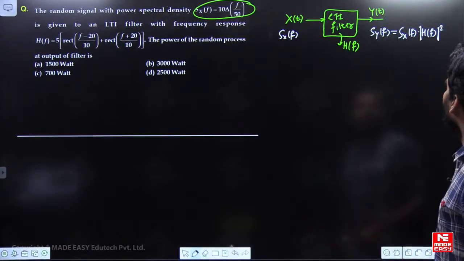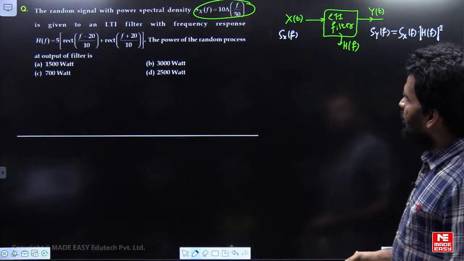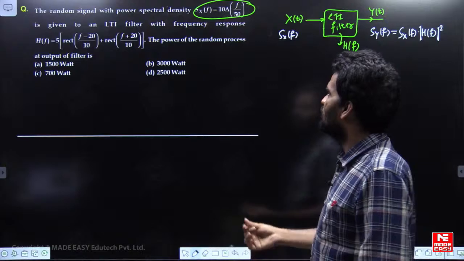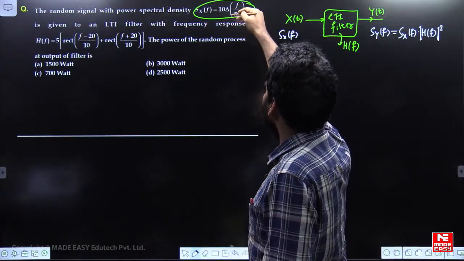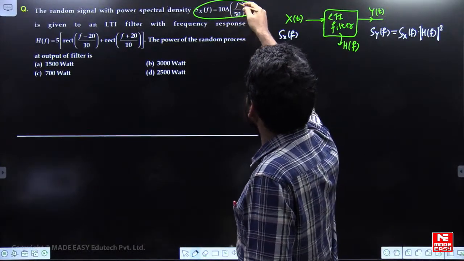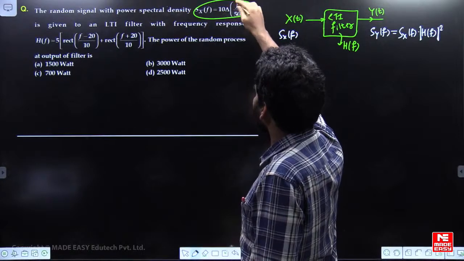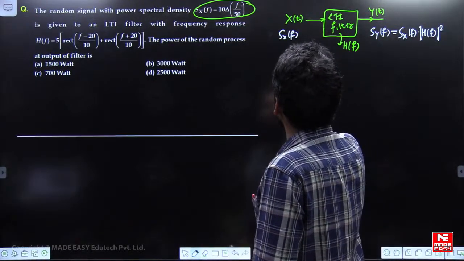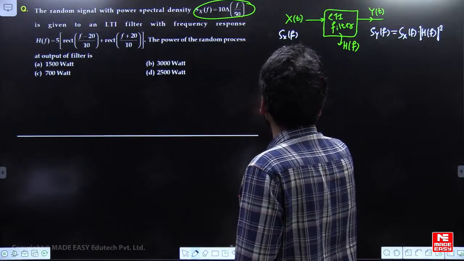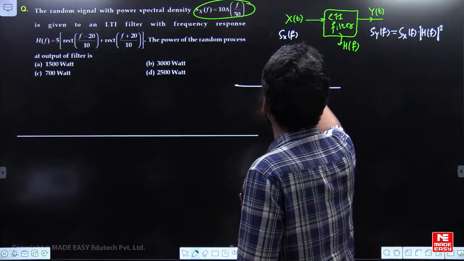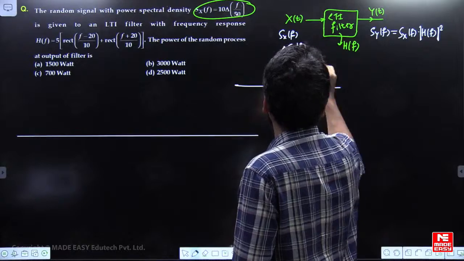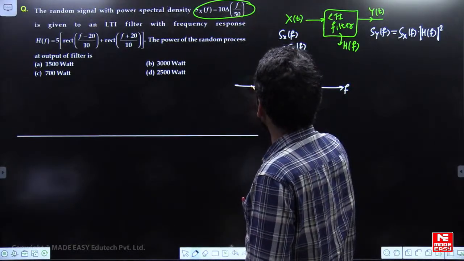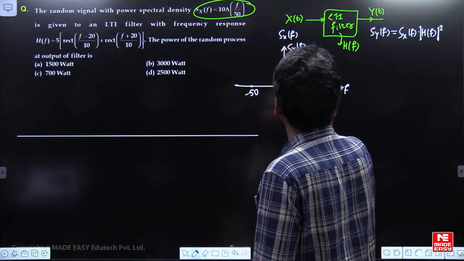First, plot this Sx of f. In signals and systems, I hope you have come across how to plot this delta function. This is actually a triangular pulse. Delta means this is the triangular pulse. If you plot Sx of f with respect to f, what you see in the denominator is 50, so it is from minus 50 to 50.